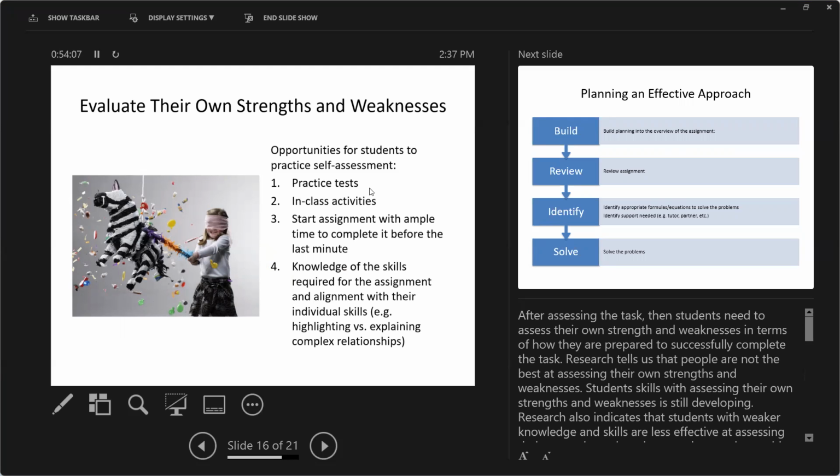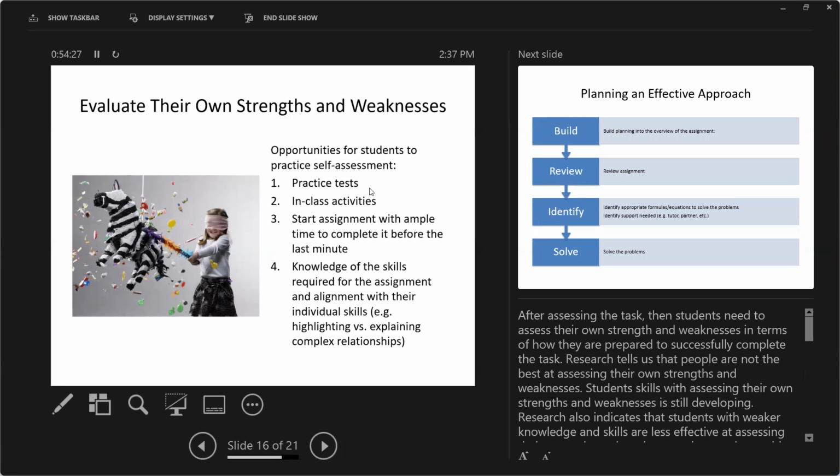But students or people who are novice are not as effective at evaluating their own strengths and weaknesses. And it could be because they really don't know what's involved in this more advanced material that you're covering.